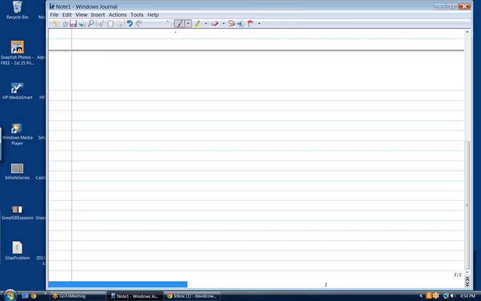The next one is find the unit rate. Unit rates are when the denominator is 1. So you get 360 miles in 6 hours.